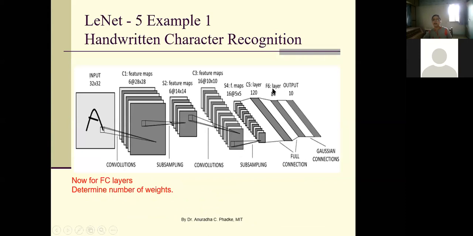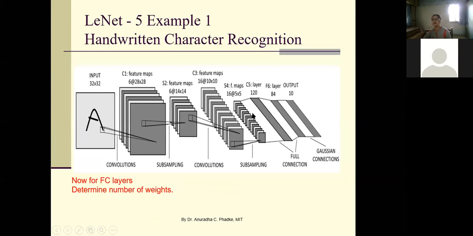Now let us see how many weights are there for the fully connected layer. After the second convolution layer, there is once again one more pooling layer. Because of the pooling operation, your actual output size is reduced to 16 by 5 by 5.